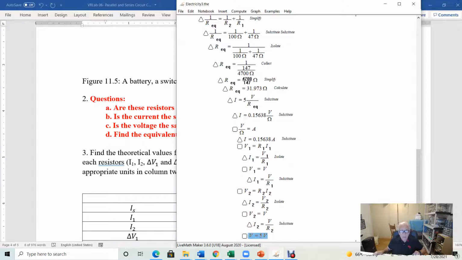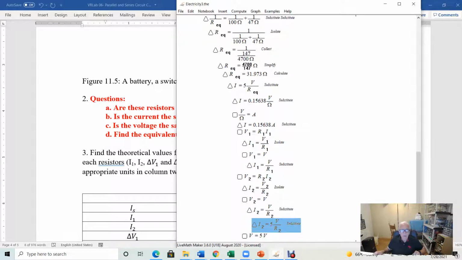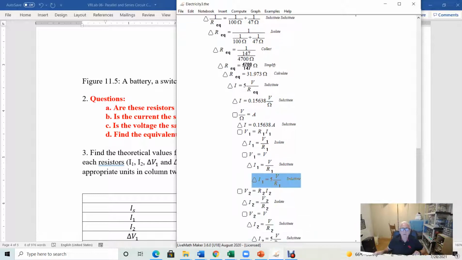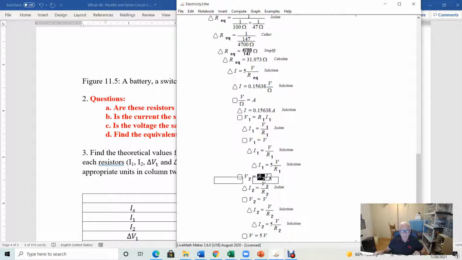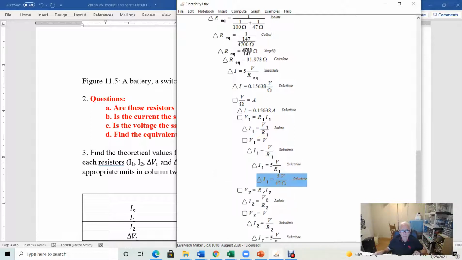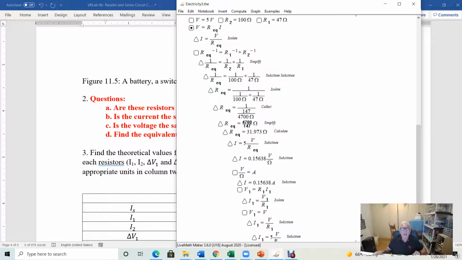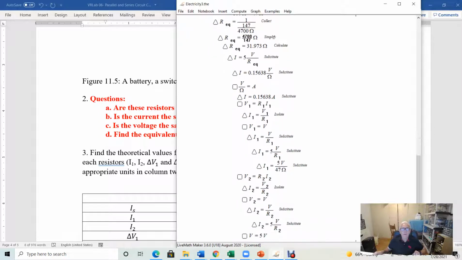V is 5 volts. R1 is 47. R2 is 100. Here you go.